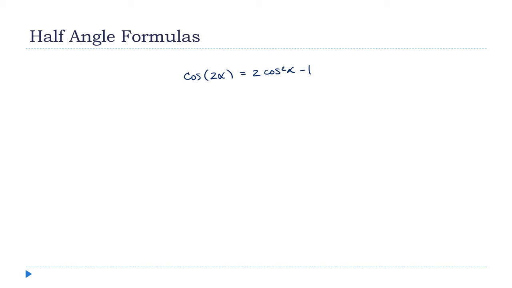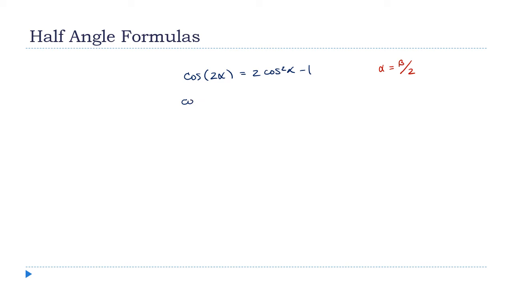Now, the formula that I want is the cosine of alpha over 2. So here's what I'm going to do, a little substitution. I'm going to replace alpha with beta divided by 2. Let's see what happens when I do that.